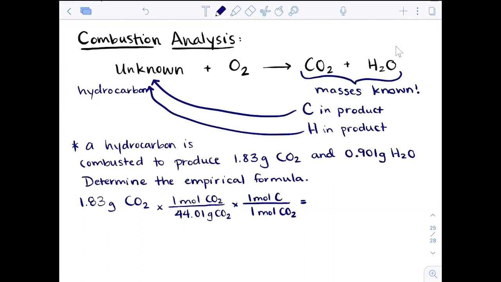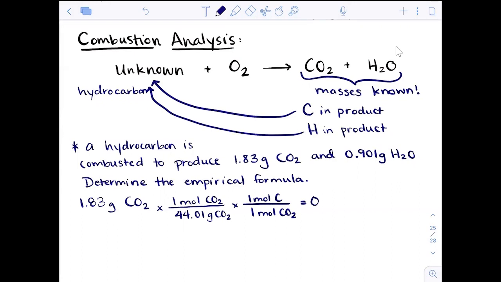So when we're looking at this, the one extra step in combustion analysis is the idea that we are using a molecular formula for carbon dioxide and water, but we still want to get down to the atomic level of moles, not of just CO2. We want to go further and get it for carbon itself. Same thing with water.